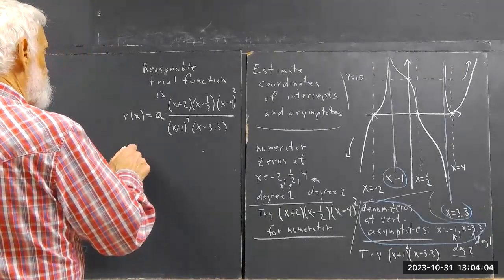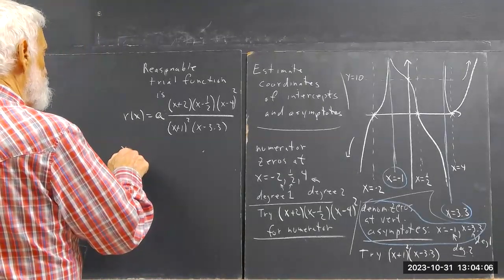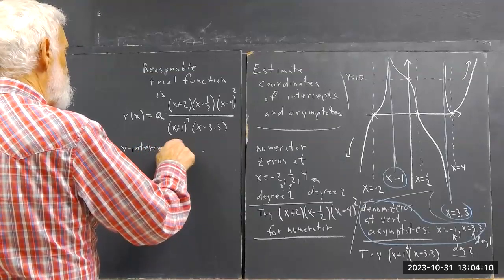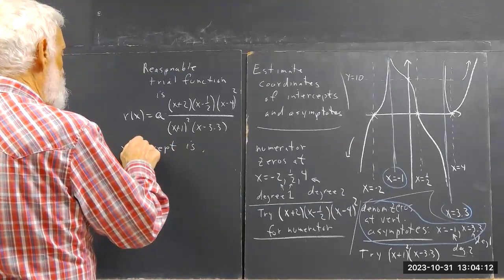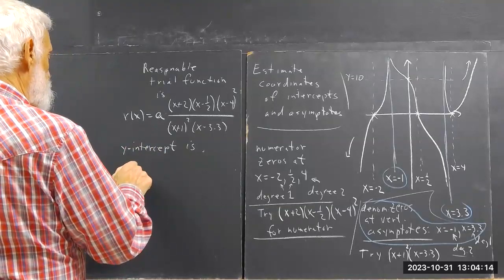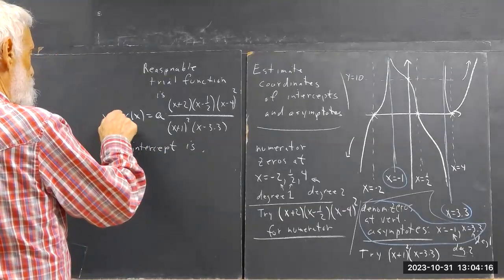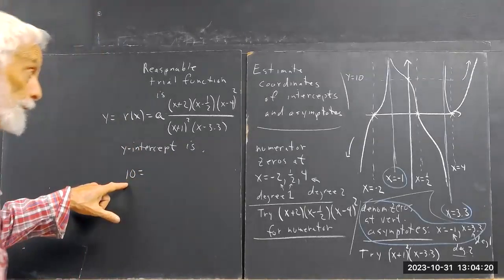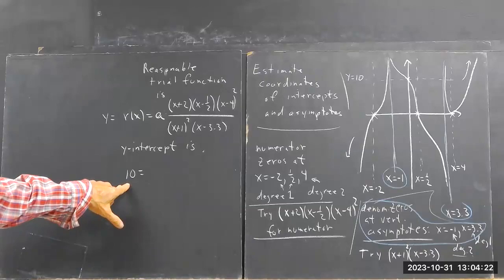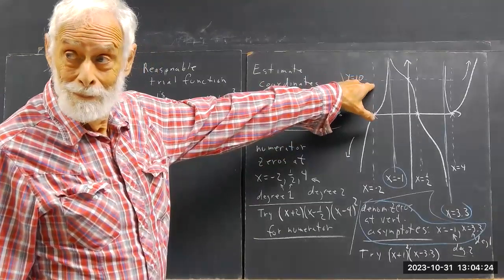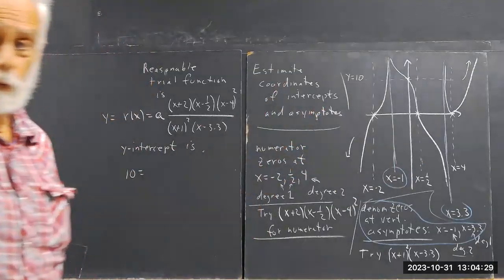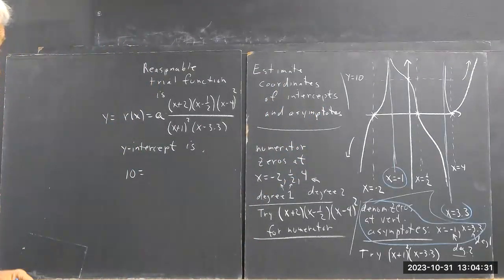So the y-intercept is 10, because we said it was. Now you might have picked different numbers, but you're just going to do with your numbers what I'm doing with mine.